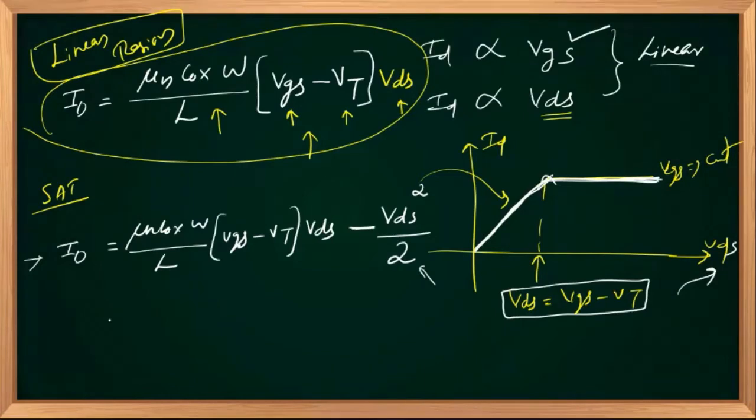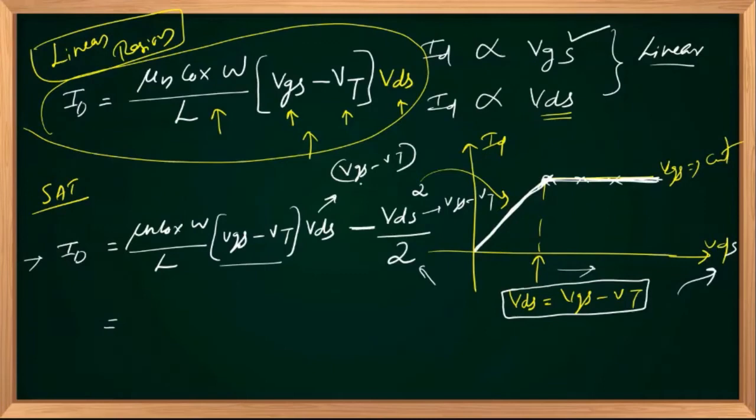So if you replace your VDS with VGS minus VT in your linear equation, you will have the saturation condition, because in all regions greater than VGS minus VT, current is constant. That current is equal to the value at VDS equal to VGS minus VT.